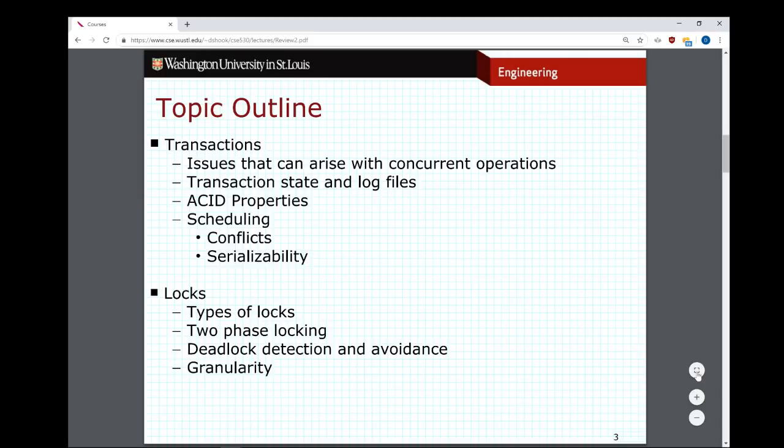They don't know about each other, so the transaction is going to operate the same whether it's the only transaction or whether there are thousands of other transactions also executing at the same time. It's going to operate the same way.